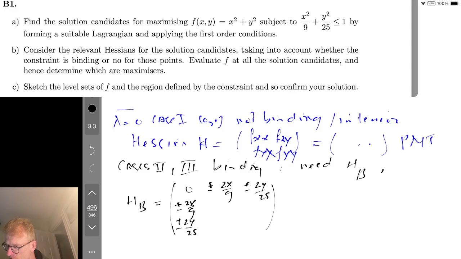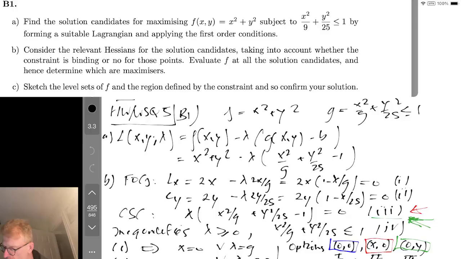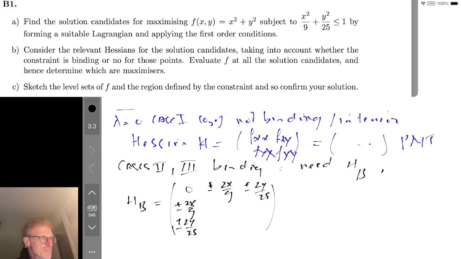In the Lagrangian, we go back to the Lagrangian, which is here. We need to take now the double x derivatives, the xy derivative, yx, and the yy. So the x derivative gives us 2 minus 2 lambda over 9, 2 times 1 minus lambda over 9.